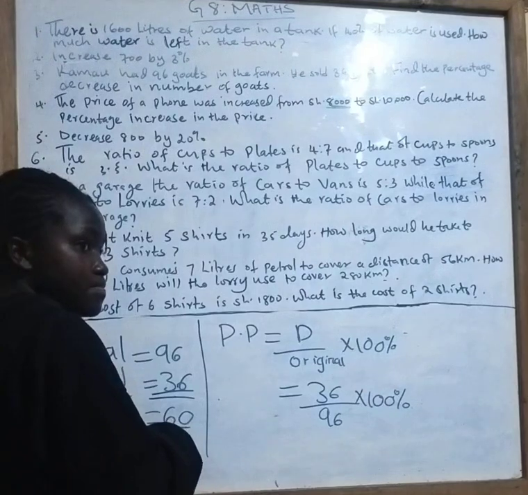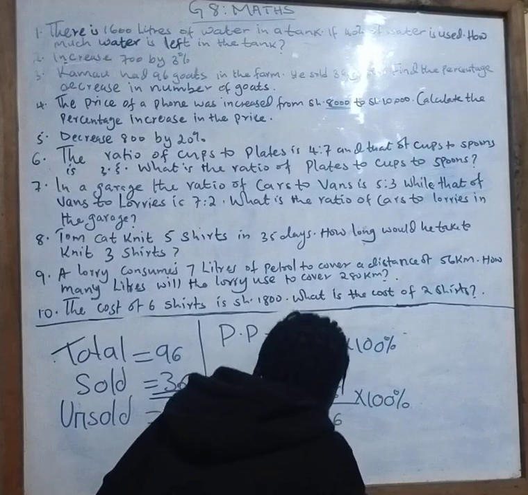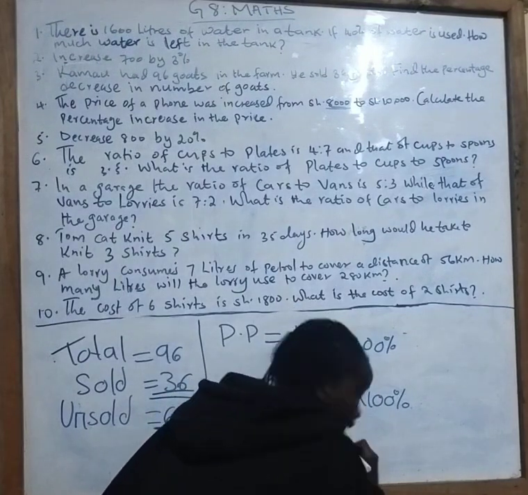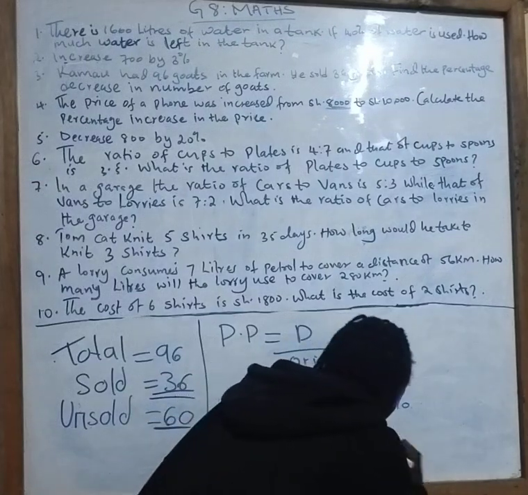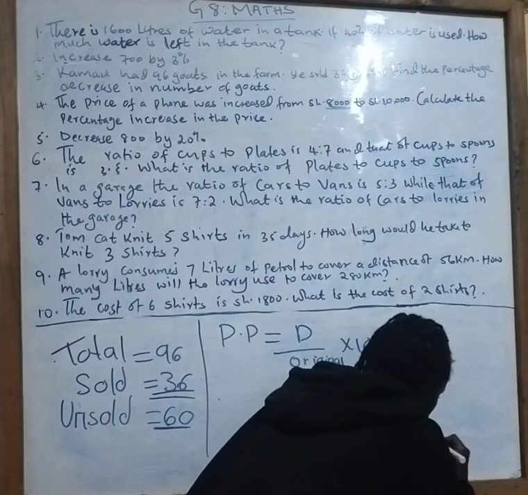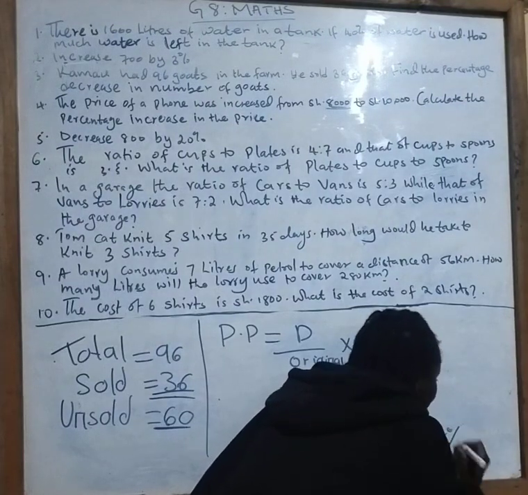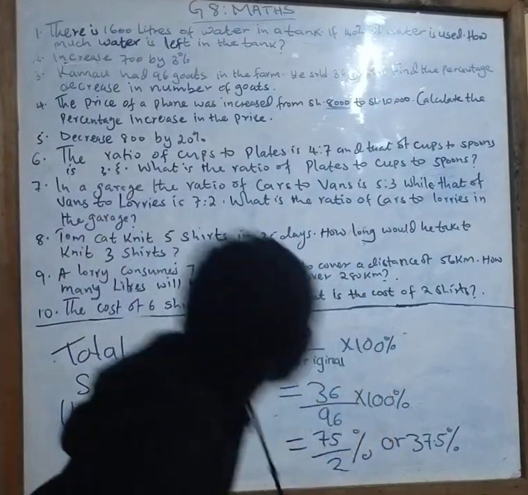Then you get the decimal. Into fraction it is 75 over 2%, and as a decimal it is 37.5. That's your answer.